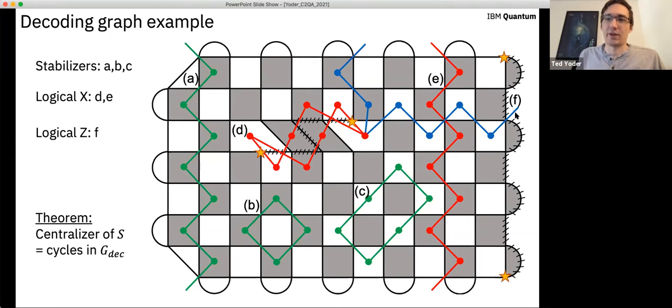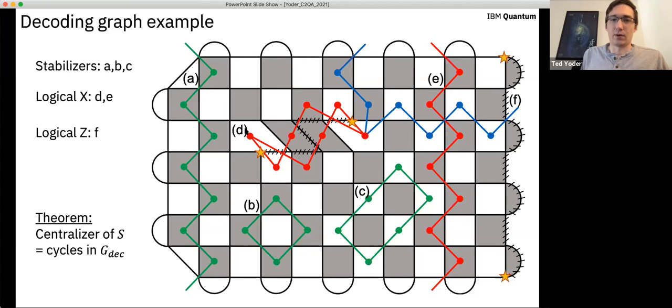But these E and F turn out to be logical operators, and you can see that because the Paulis that E and F represent actually anti-commute, and they anti-commute because E and F cross at this one site here, right?